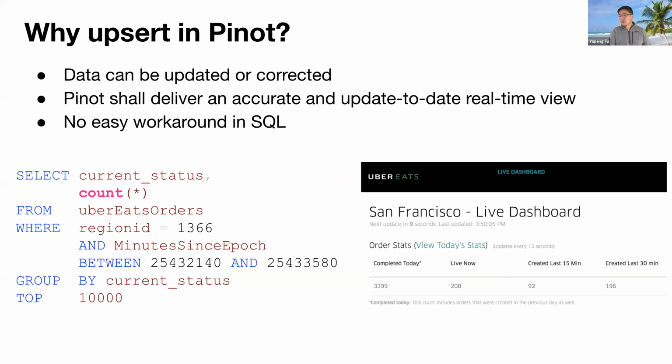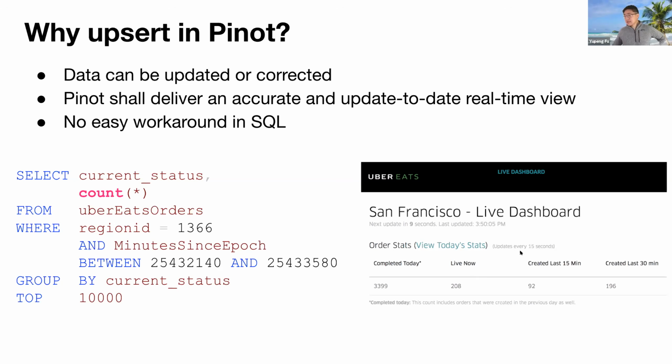So to show a quick view of how this feature is used, you can see on the Uber Eats side, we have a live dashboard to show ongoing orders, say in a city or in different countries. The key metrics that our operators care about are, for example, how many ongoing orders are live and how many are completed, and what's the breakdown for the past 15 minutes or an hour.